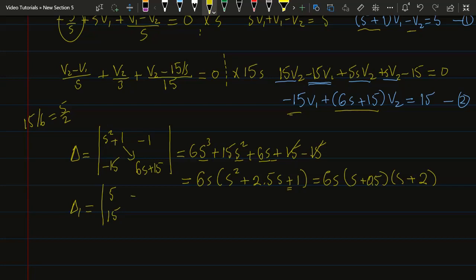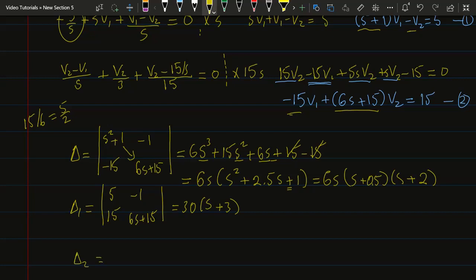And the second column will stay as it is. And you can calculate this to get something that looks like this: 30 times s plus 3.